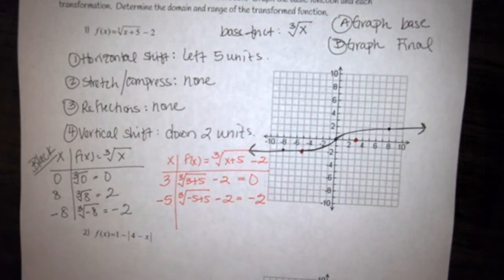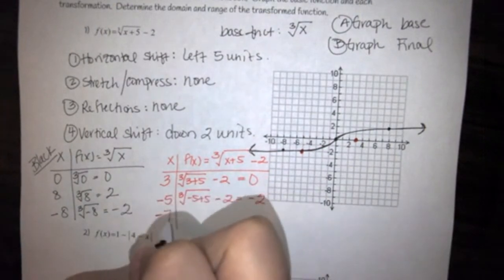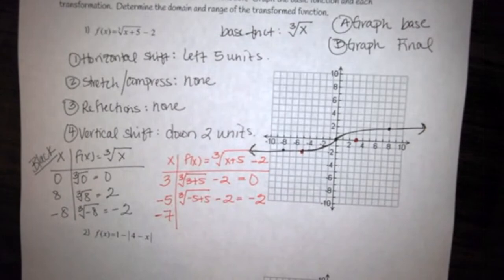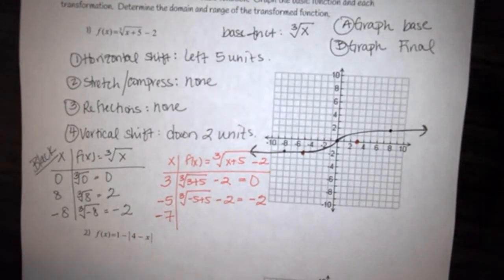Now, let's look at what would happen if I used negative 7 and see what we get. Negative 7 plus 5 is negative 2. I'm going to take the cube root of negative 2 and then subtract 2.